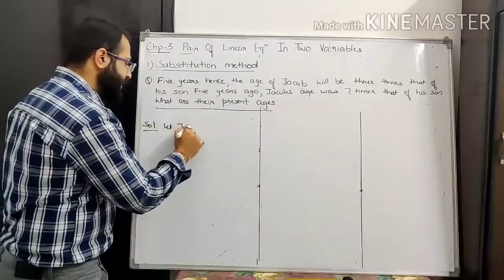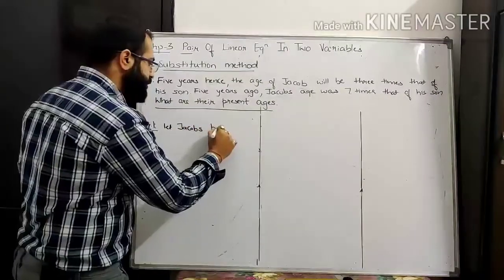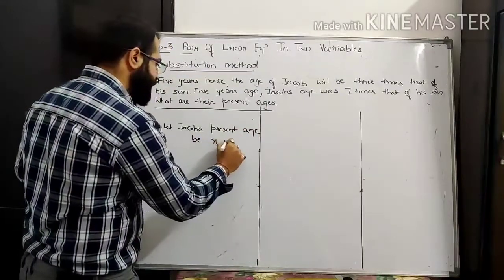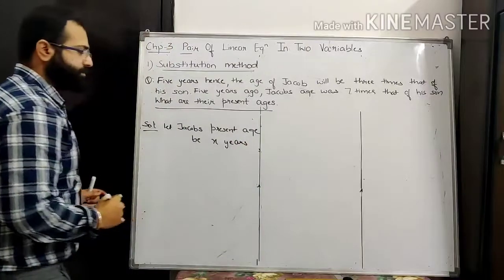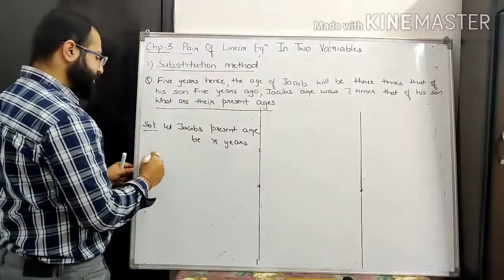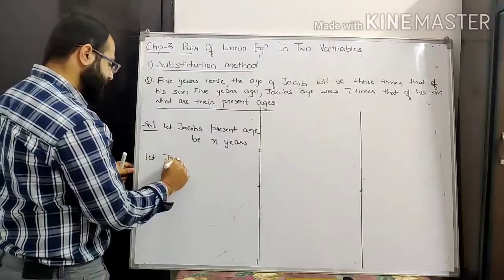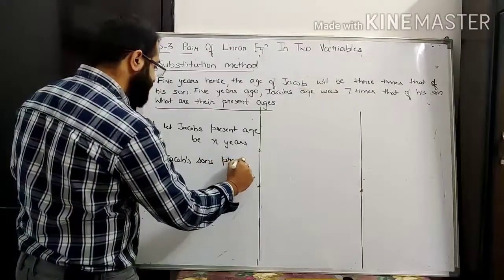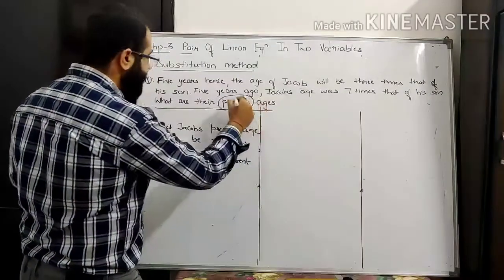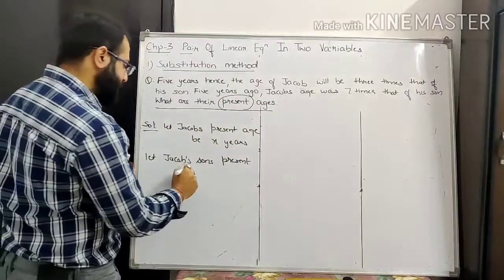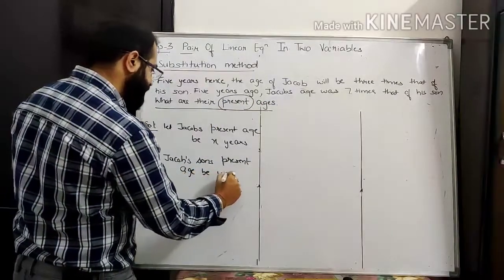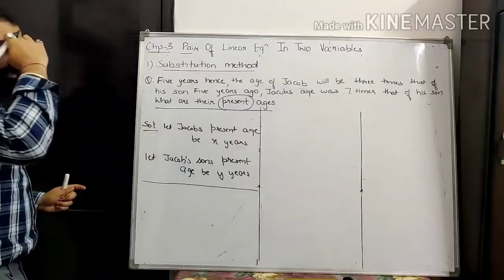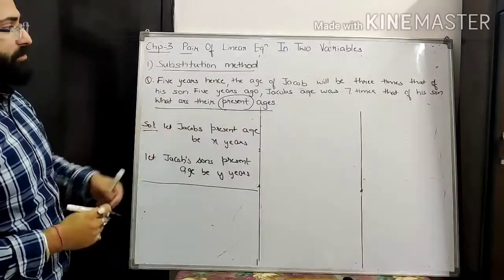Let Jacob's present age be x years, and let Jacob's son's present age be y years. So till now we have simply assumed their present ages to be x and y, x for Jacob and y for his son.